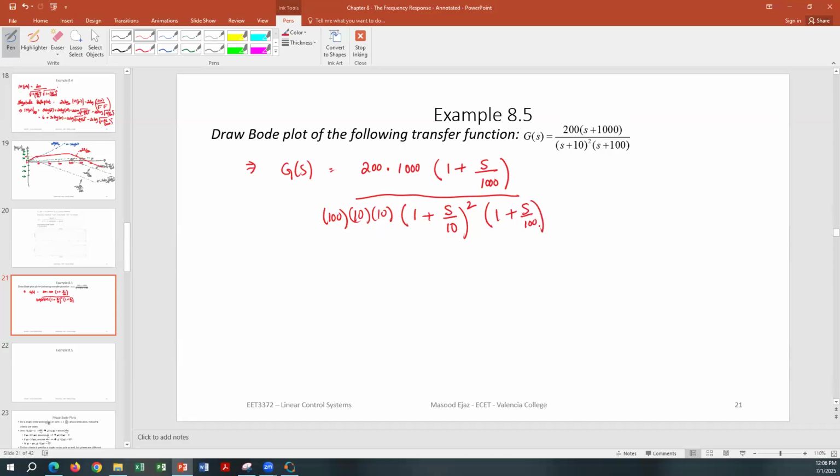So first I'm going to write this down in terms of s over omega 1, s over omega 2, and s over omega 3. 200 times 1000, so 10 times 10 times 100 is 10,000 and I'm going to cancel the 1000 by 1000, and 200 divided by 10 is 20.